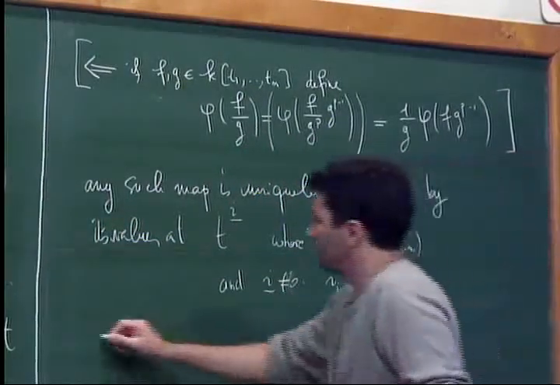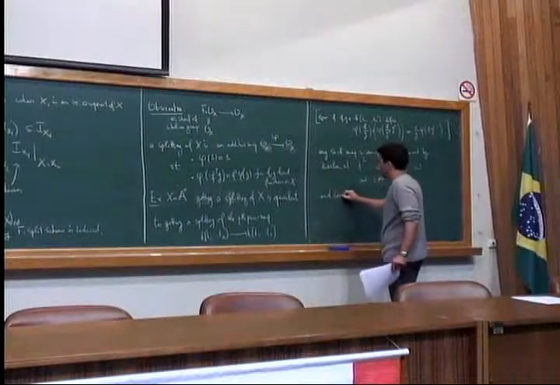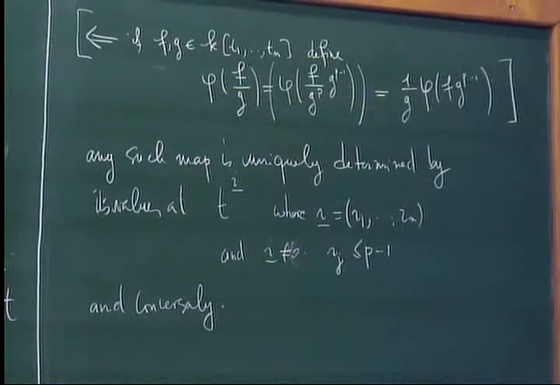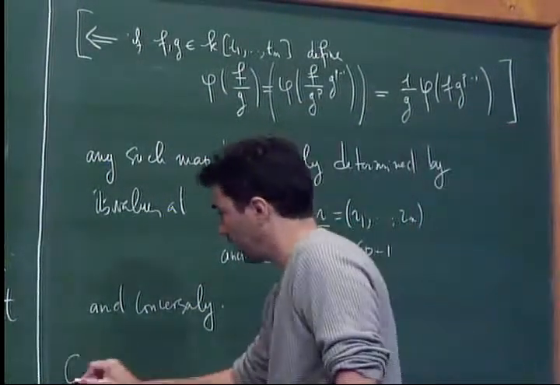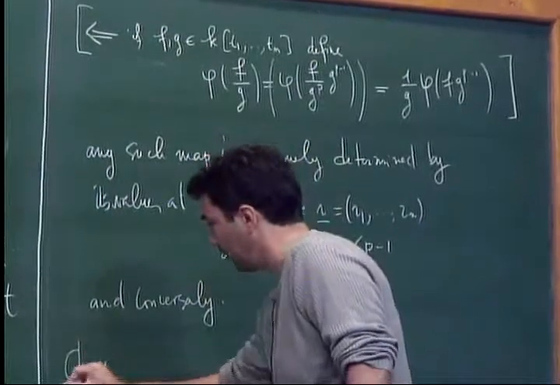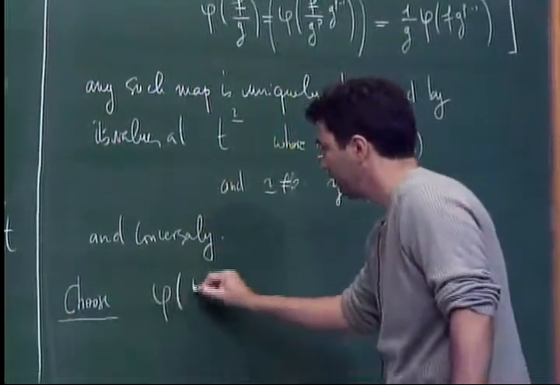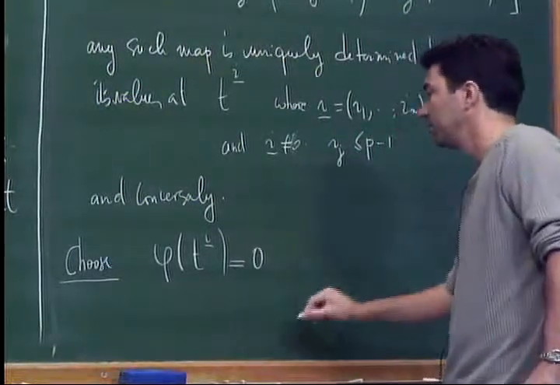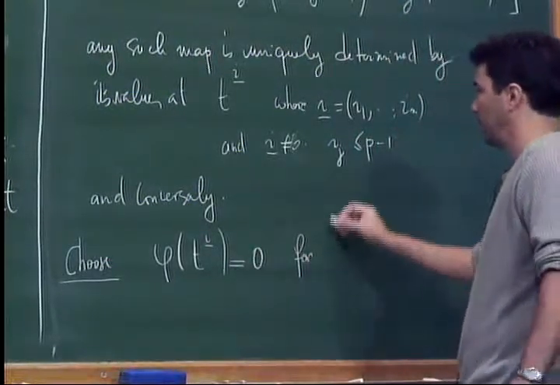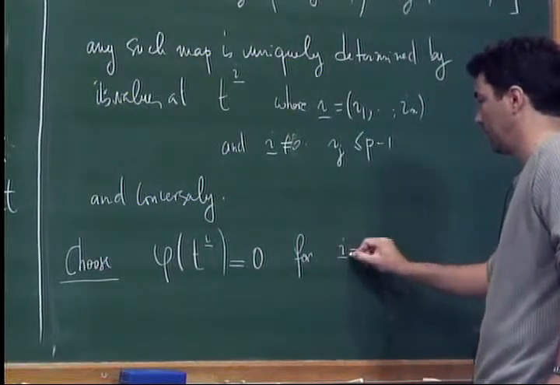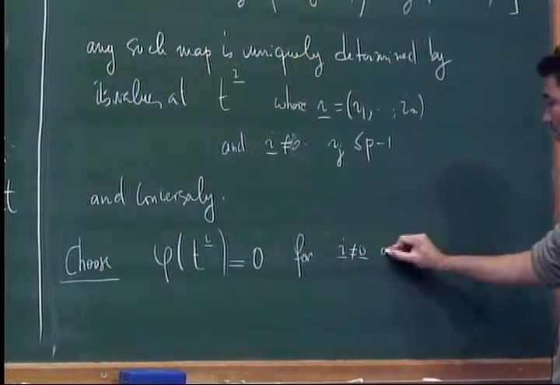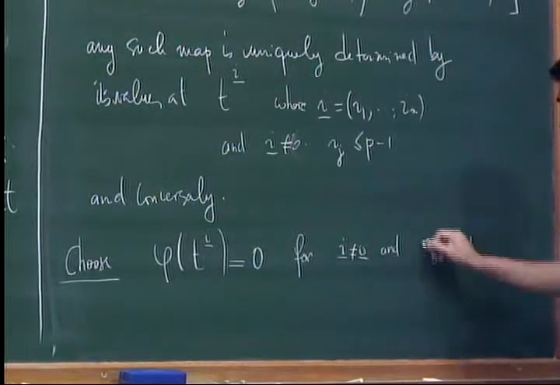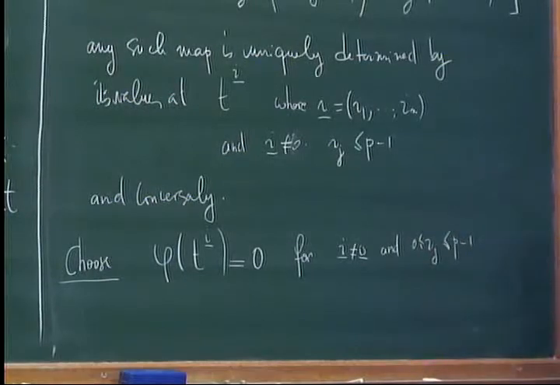And conversely, in particular, choose phi of T^I equal to 0 for I different from 0 and Ij less or equal to p minus 1.